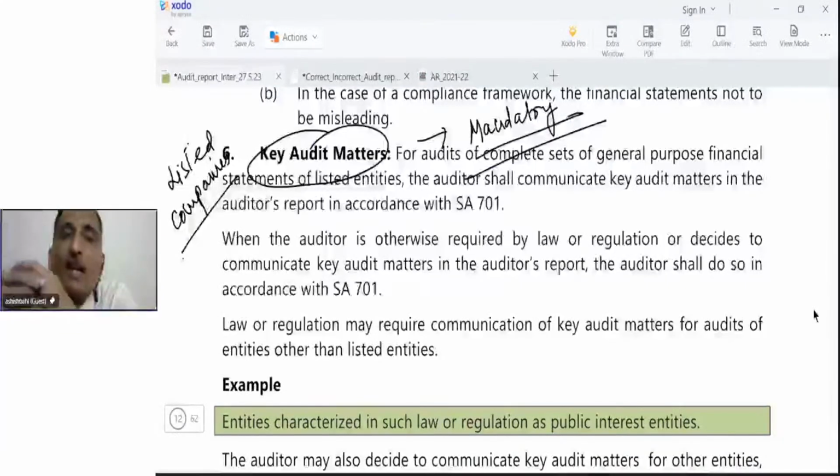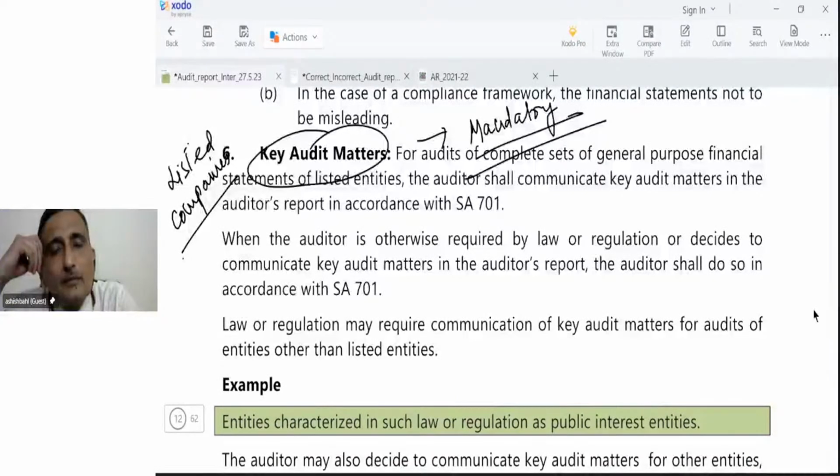These are defined. When the property in the goods passes to the customer is also specified in those contracts. When payment is to be received, and if the goods are not up to a certain quality mark, then so much of the payment will be deducted. So all these things relate to revenue recognition. So the auditor may happen to identify this as a key audit matter.